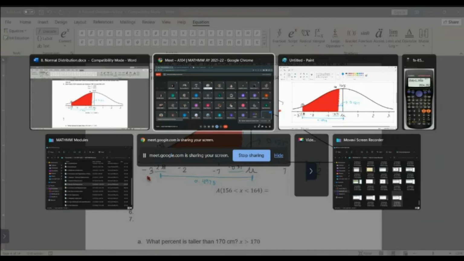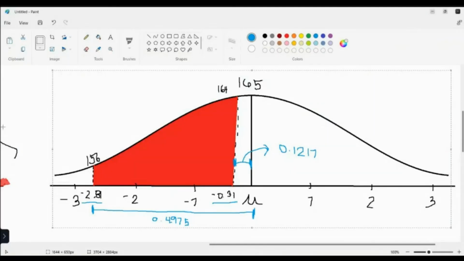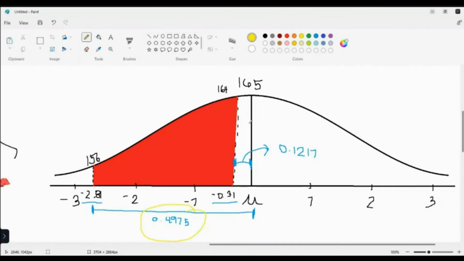To avoid negative. Okay, so we'll subtract the smaller area from the larger area. Knowing that from 156 to 165 is 0.4975, we just need to get rid of this portion.